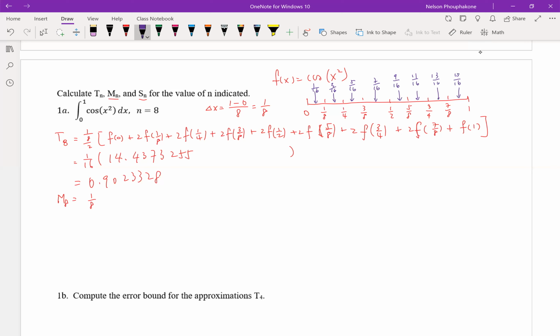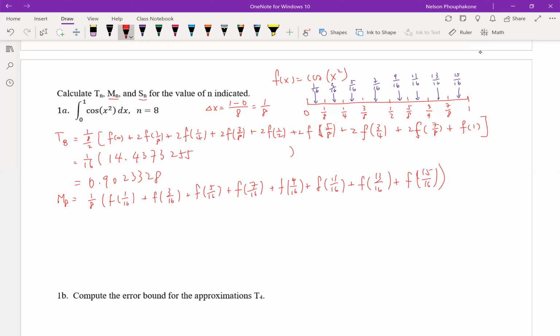Then M sub 8 will be 1/8 times f of 1/16 plus f of 3/16 plus f of 5/16 and so on. Then again, if you use your calculator, you will find out that the answer is actually 0.905620.